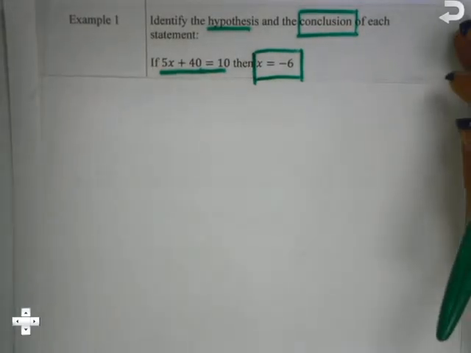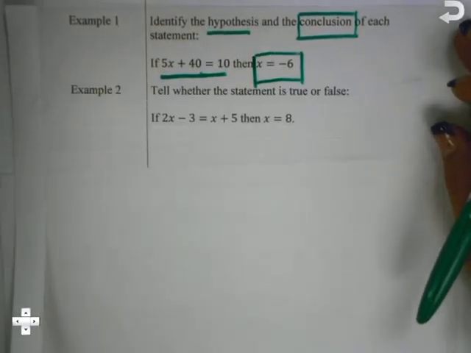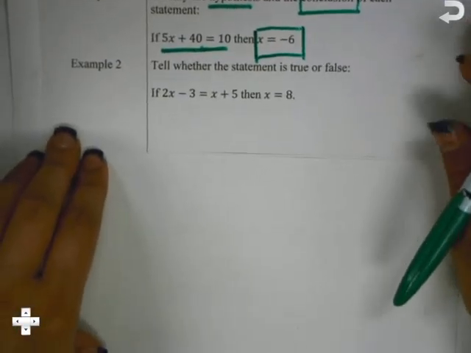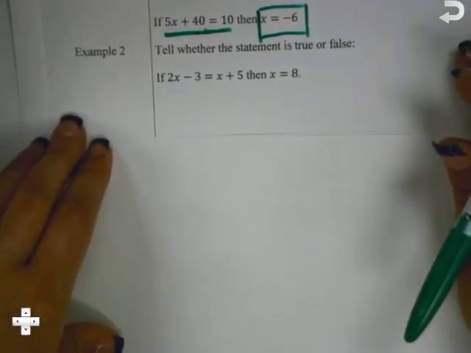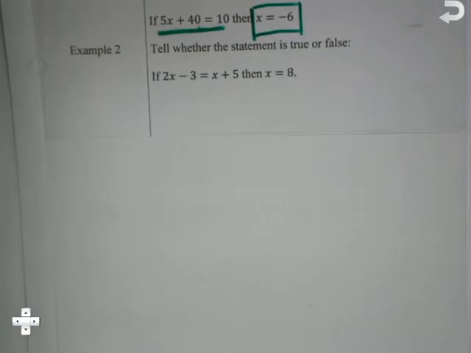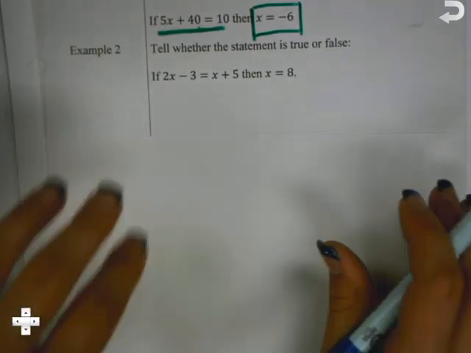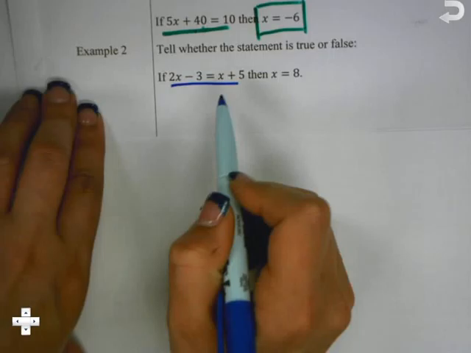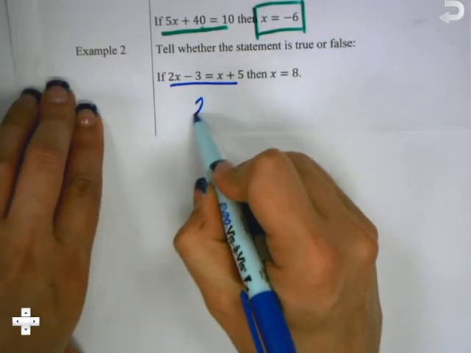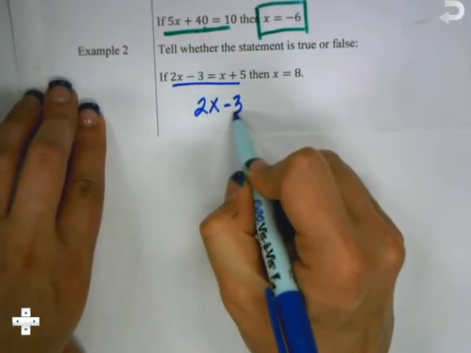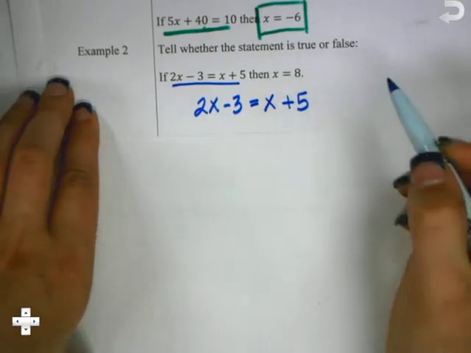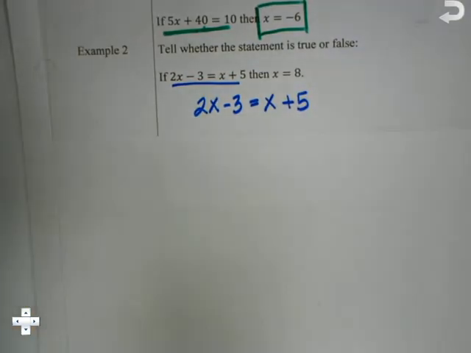Example 2. This time we are actually asking if the statement is true or false. So write it down. How do I determine if it's true or false? I'm actually going to solve the hypothesis part. So I have 2x minus 3 equals x plus 5. This is just solving equations with variables on both sides.